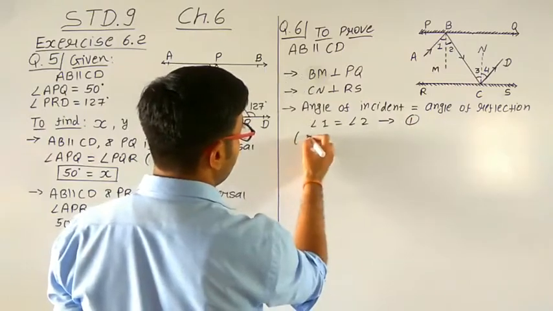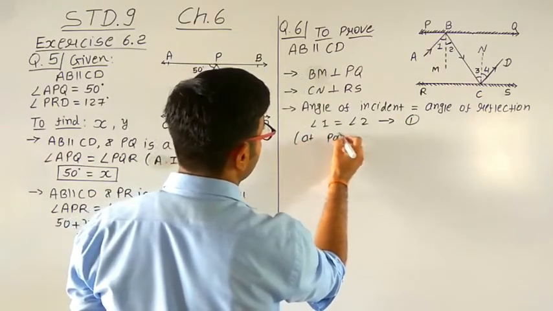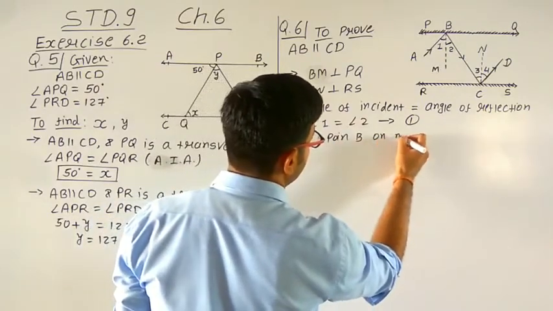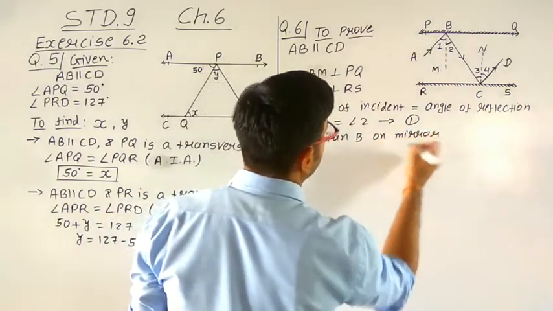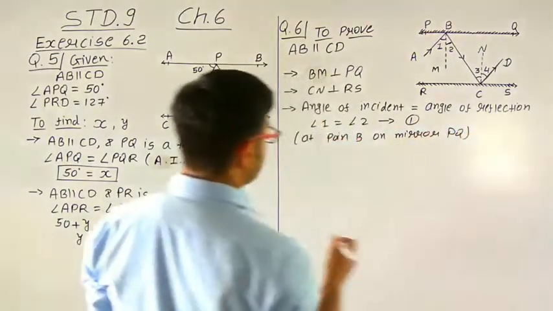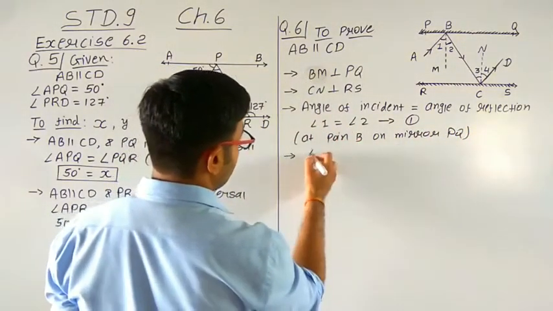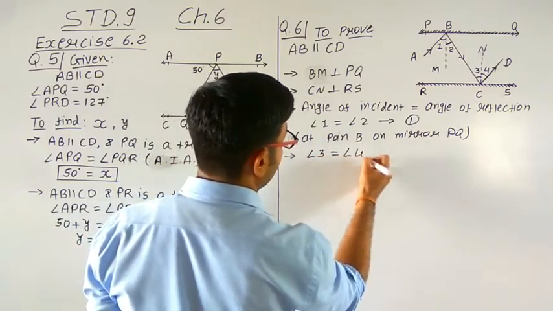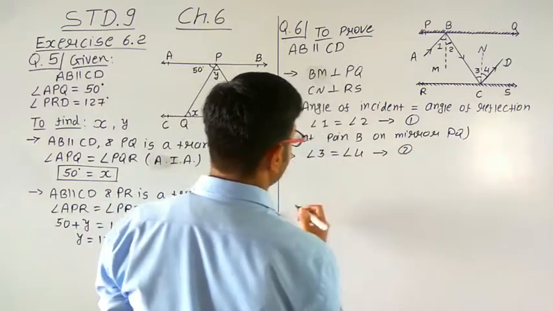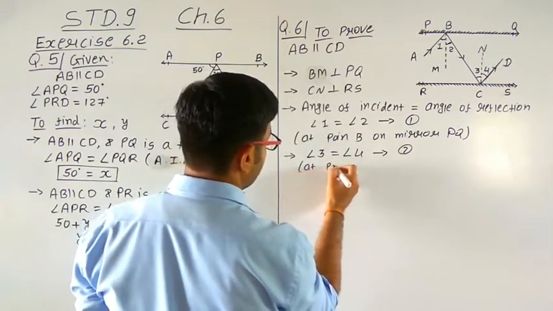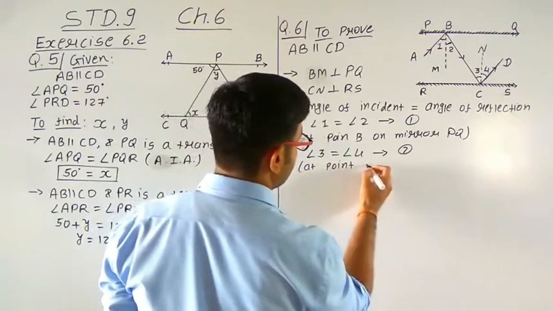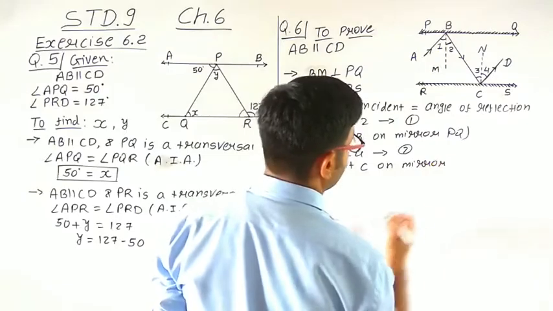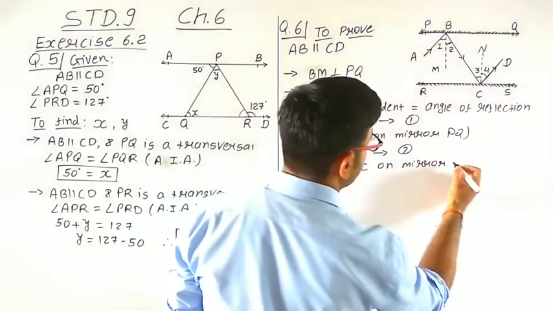This is at point B on mirror PQ. In the same way, we can also write that angle 3 is equal to angle 4. Give it equation number 2. This is at point C on the mirror RS.